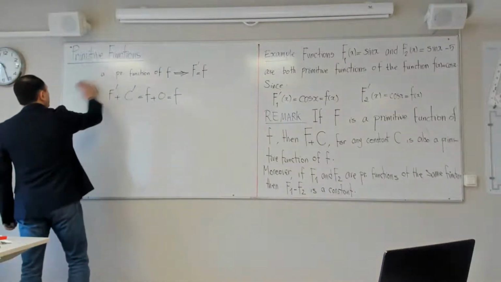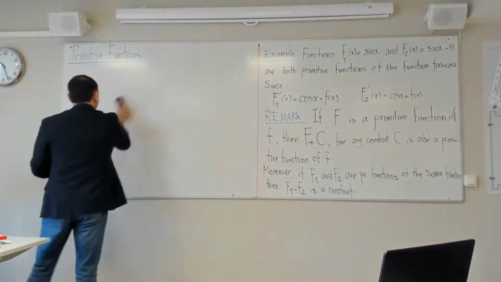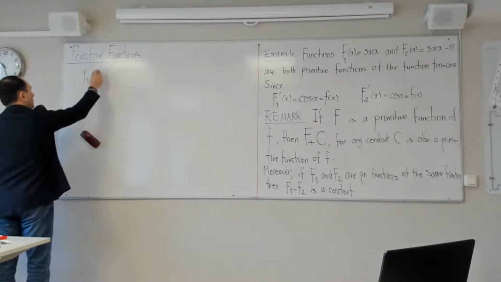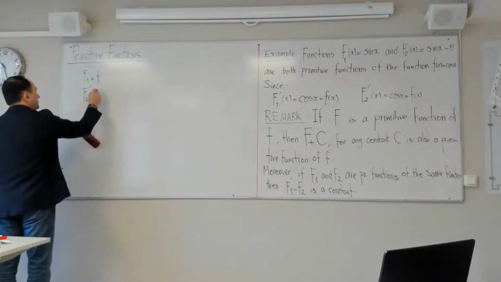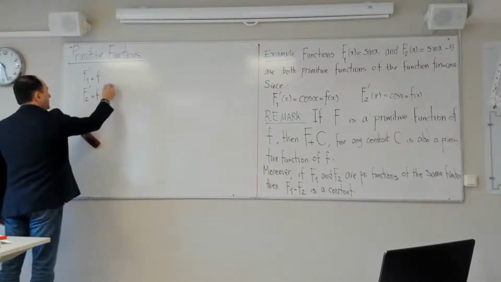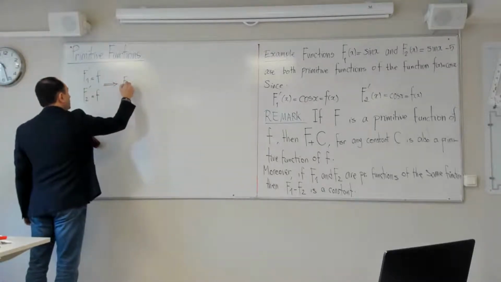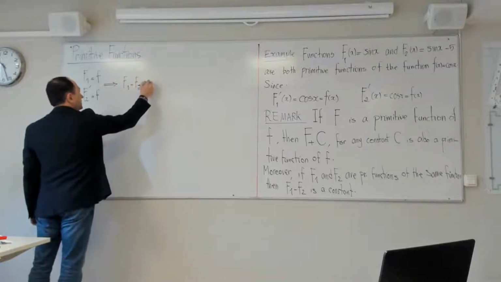If I want to write it as a formula, you would say that if you tell me that when I take the derivative of capital F1, it becomes little f, and you tell me the derivative of this one is also little f, I can immediately conclude that f1 minus f2 is a constant.